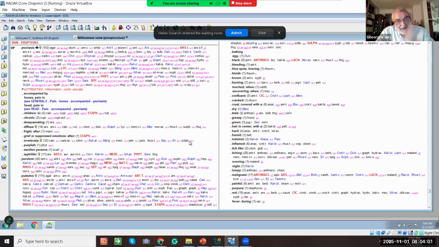Everything comes from Kent, from Hering, but after Hering, nobody used this name, psoriasis inveterata. It is a proof that Hering knew a little bit of medicine, and some others are not using this name. For example, in this rubric, Medorrhinum is missing. Graphites is missing. Thuja is missing, which are the most important remedies for inveterata.